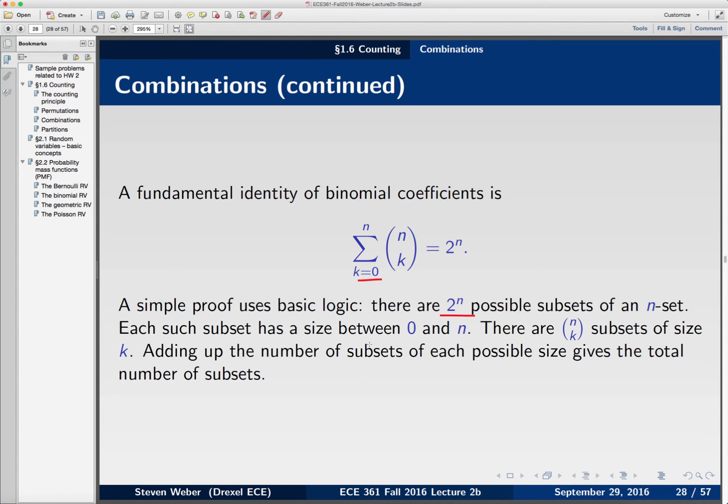And each of those possible subsets has a size, and that size ranges between 0 and n. And we now know that there are n choose k subsets of size k. If I add up the number of subsets, n choose k, over all possible sizes, I should get the total number of subsets, 2 to the n.